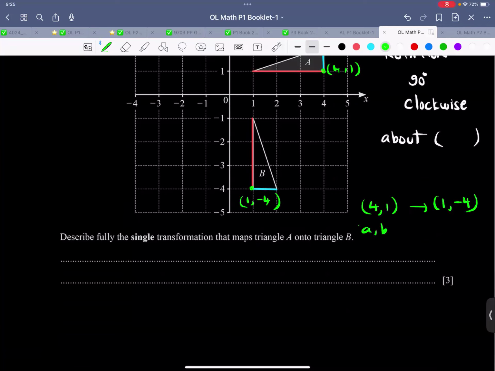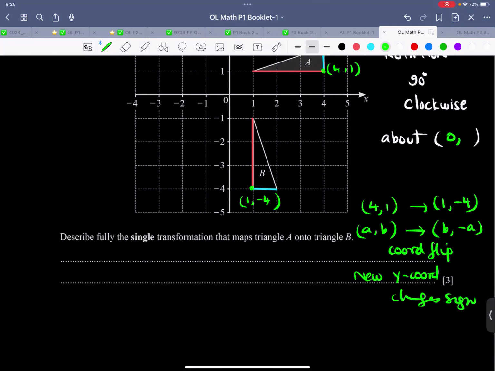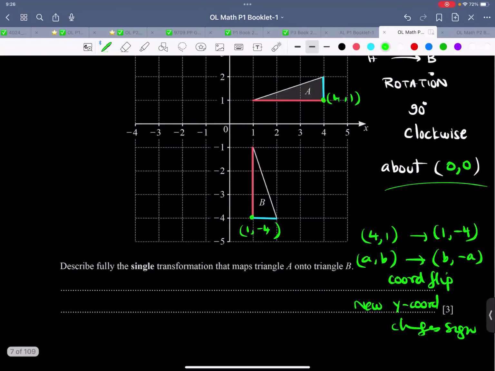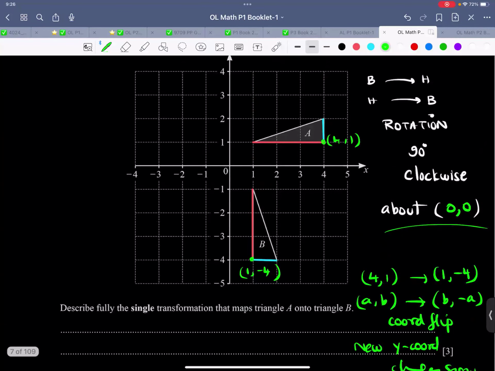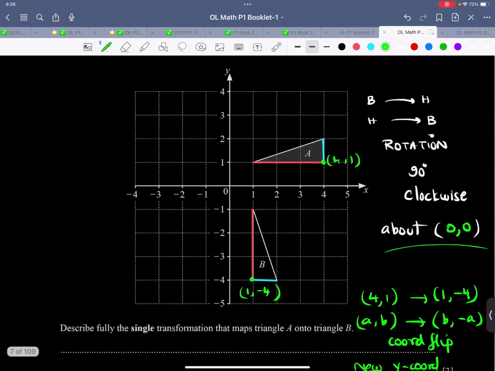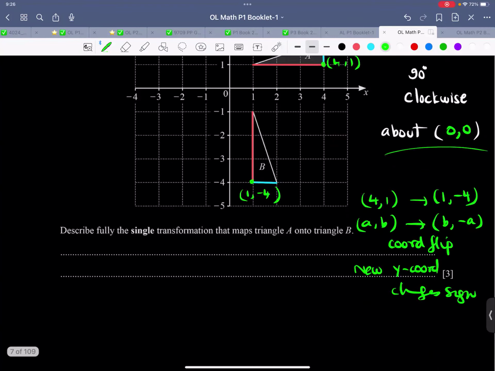In other words, (a, b) becomes (b, -a). The coordinates flip, and the new y coordinate changes sign. This is only possible if it's about the origin, because the coordinates are simply flipping. There is no addition or subtraction. So it's not about any other center of rotation.